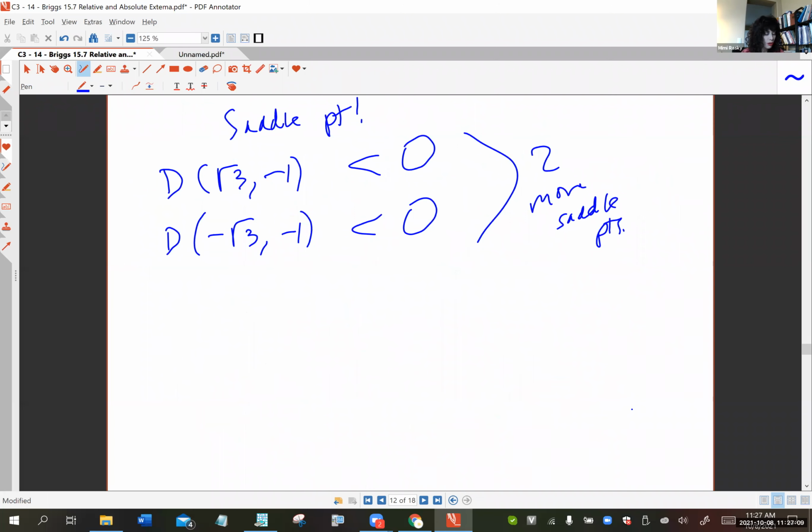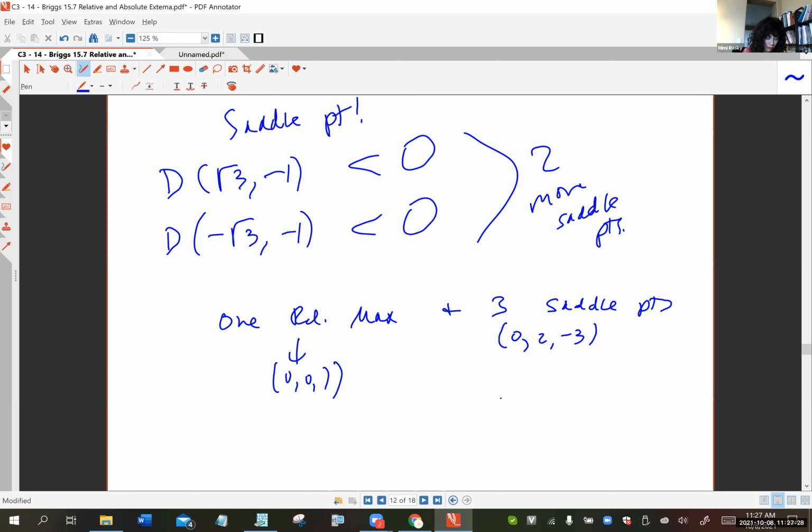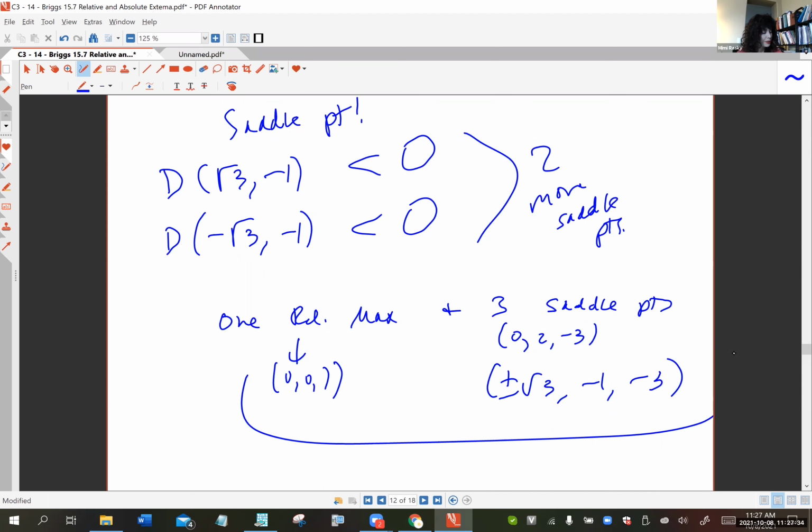So your overall answer is you have 1 relative maximum and 3 saddle points. Oh my goodness, that's nuts. And so the relative max occurs at (0, 0, 1), and your 3 saddle points occur at (0, 2, -3), and then plus or minus square root of 3, -1. Those two guys have the same z coordinate. So that's pretty crazy.